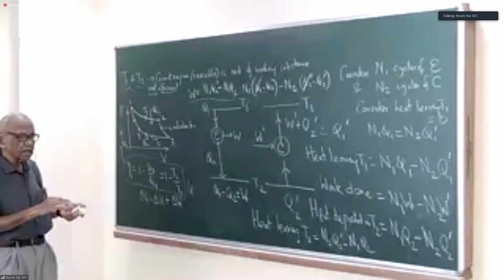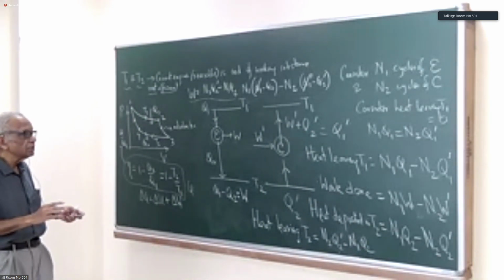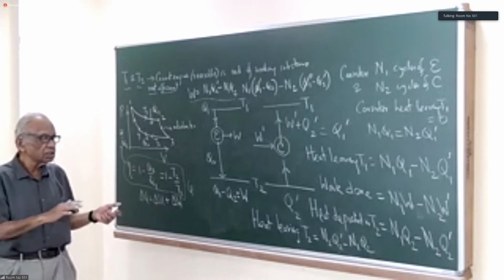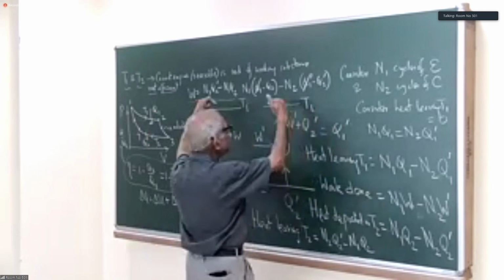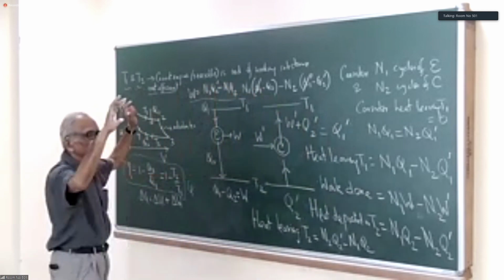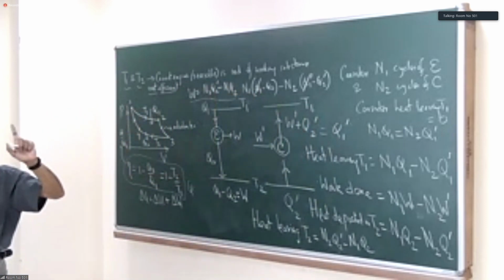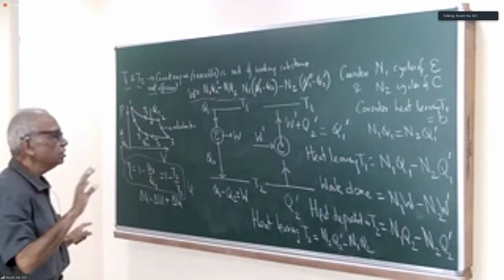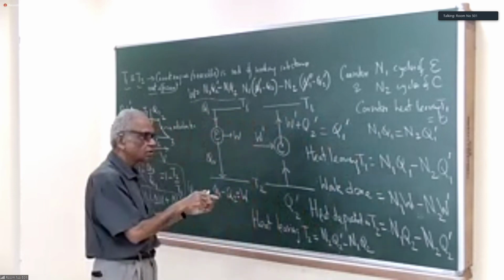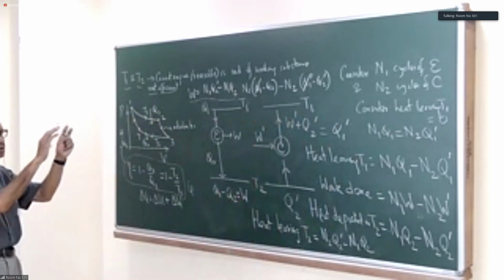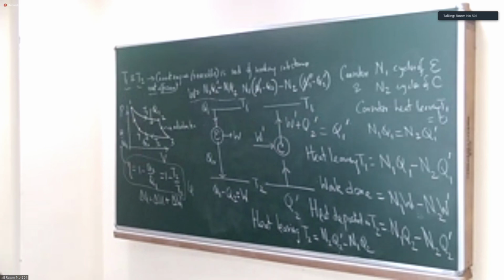So now what has happened? What has happened is that I have adjusted things so that there is nothing happening at T1. The net heat leaving T1 is equal to 0. That is the condition. I have taken the number of cycles in a manner that that quantity is equal to 0.